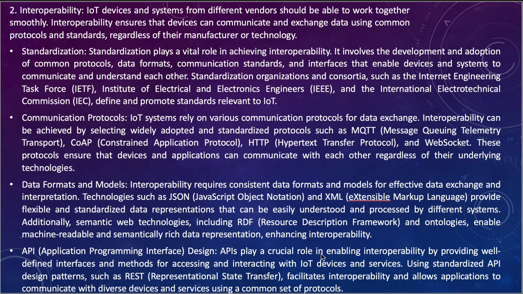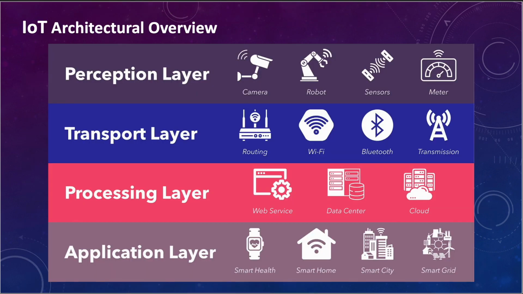By now, I think you have a general understanding of what standardization means, and what are the points that need to be looked at when you are creating an IoT system in general. And one of the points that we should highlight is that standardization does not end with the perception layer.